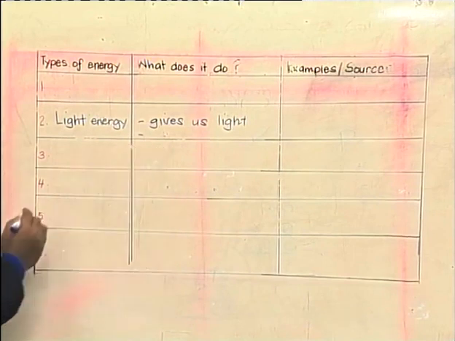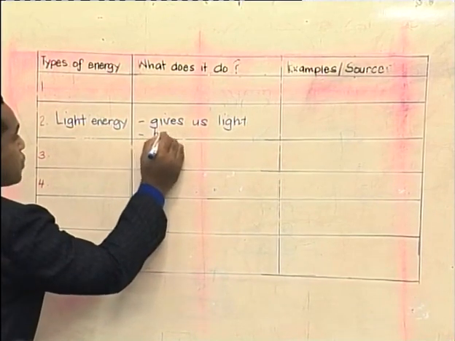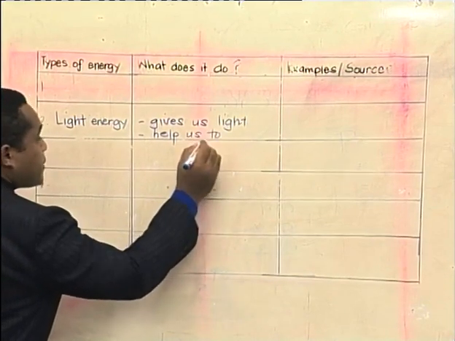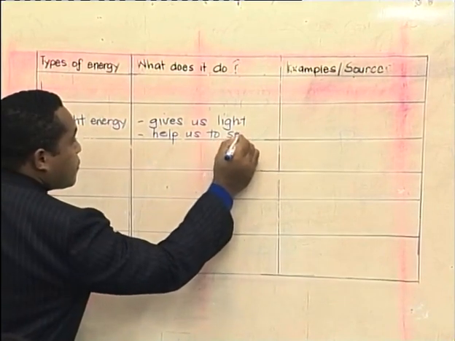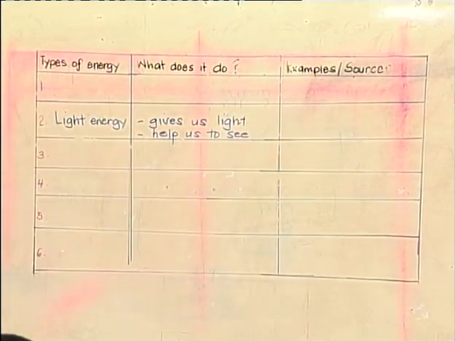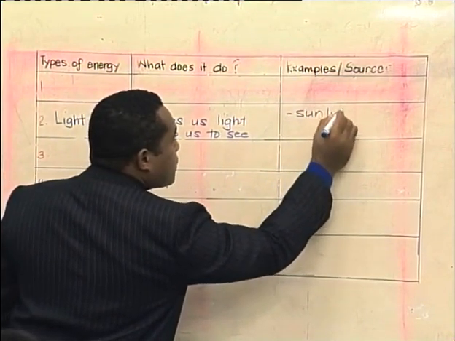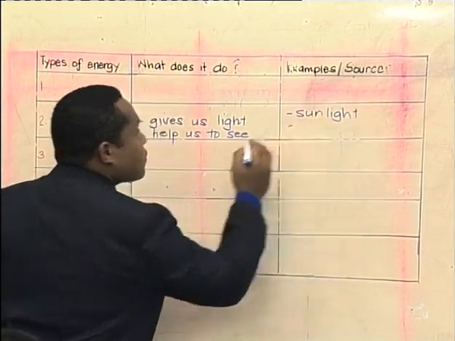Or we can say, helps us to see. Okay, very good. And some examples or sources of light energy. What are some examples or sources? Sunlight. Okay, very good. Sunlight. What else? Torch. Very good.